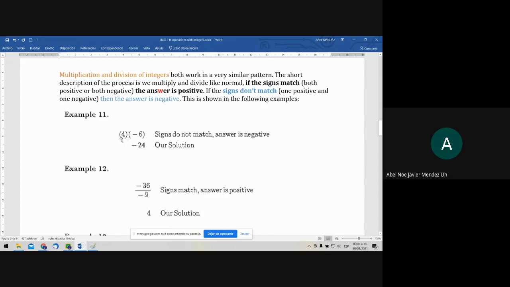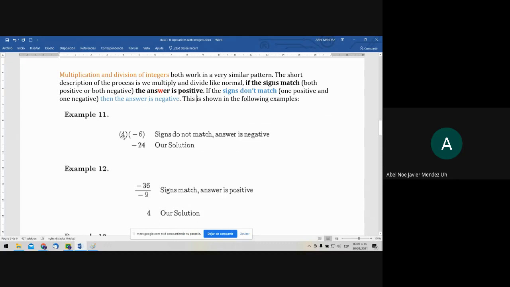Example 11. 4 times negative 6. Okay, don't confuse it with subtraction. Here we have two numbers between parentheses.